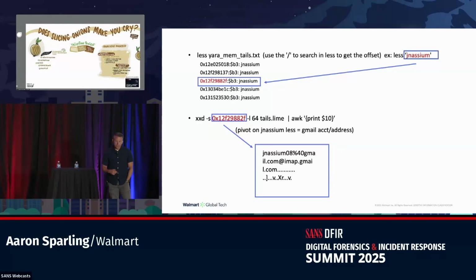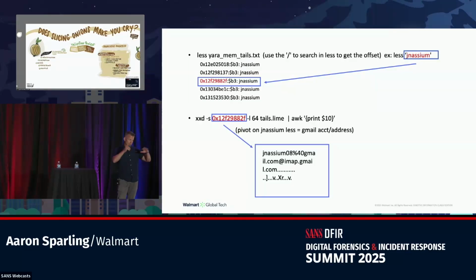And one last thing: we had a username. Our user's name is Gymnasium. So I did the exact same thing. I threw it in less, used the search feature, and picked one of those physical offsets. The only difference here was that by this point I'm starting to clean things up a little bit, so I'm dropping it down. I'm running xxd from the command line, saying at this offset, show me the trailing 64 bytes.